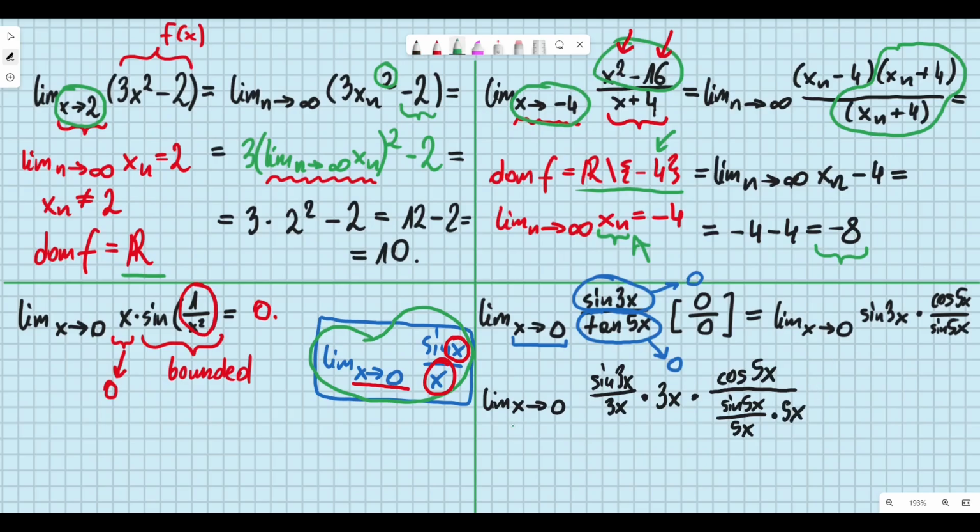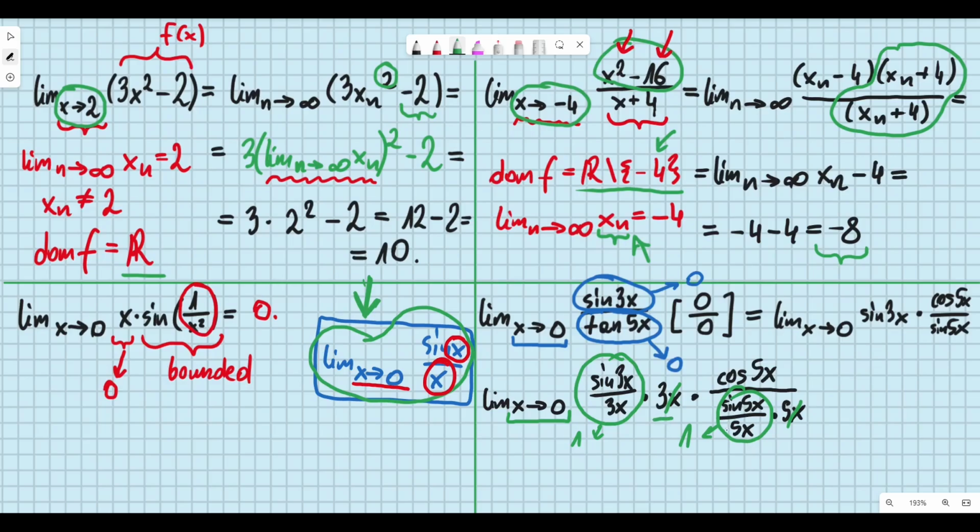So we want it to be over 5x, but since it wasn't there, we need to multiply by it once more. Remember that as we converge to 0 on arguments, it simply means that we do not consider x equals 0 at all. So we simply can simplify it here. We will take into account that this one tends to 1 and this one as well, from this known formula you can easily find in the PDF file.